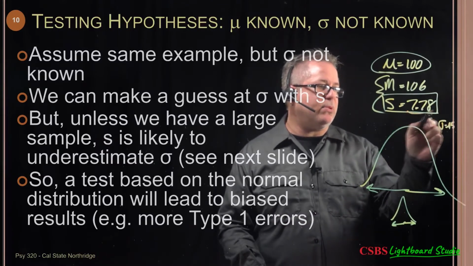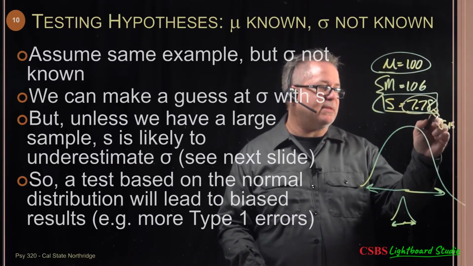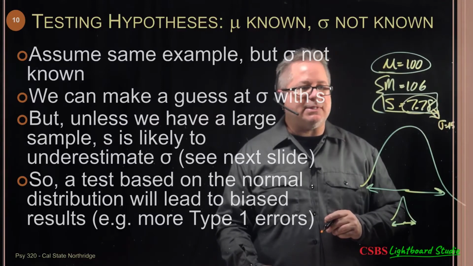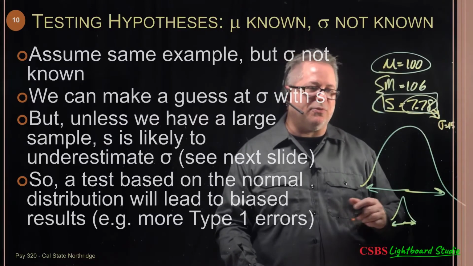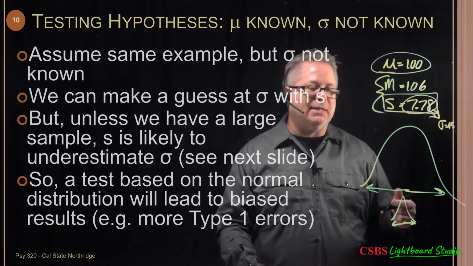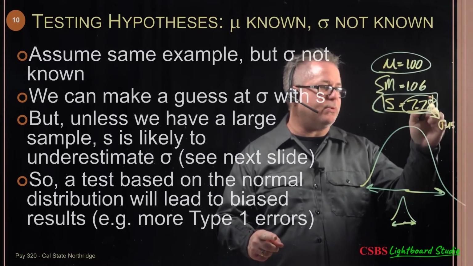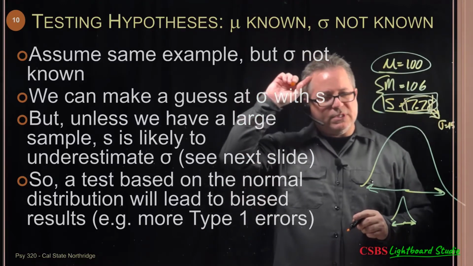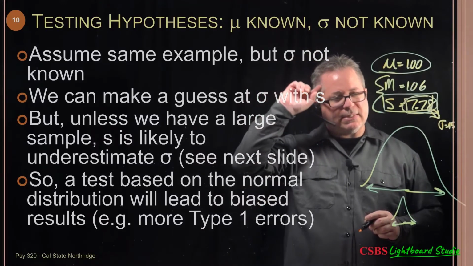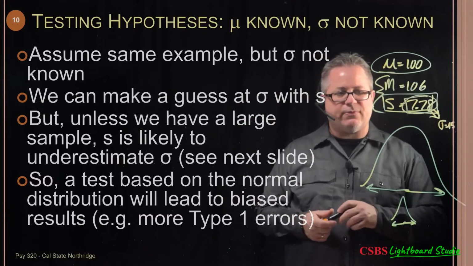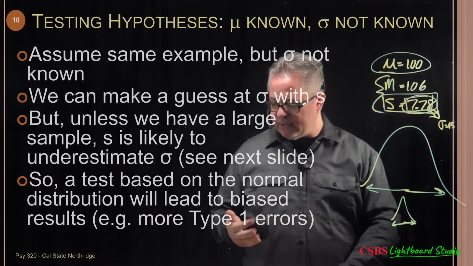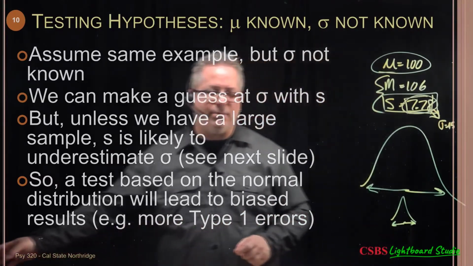If I just plug this in place of this, I'm going to overestimate my test statistic over and over again. I'm going to inflate. I'm going to make more type 1 errors because I'm dividing by a much smaller number. So I can't use z anymore because z is going to be biased. So I need to figure out a way to adjust for that and use a different distribution besides z.